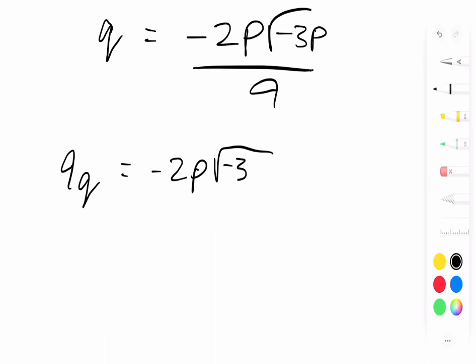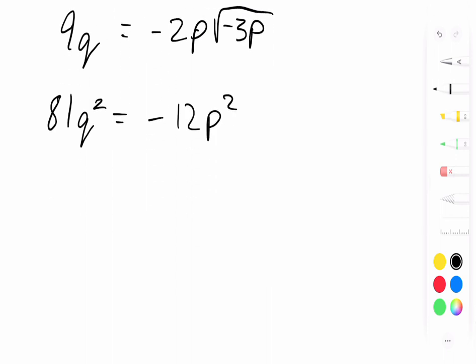Now I've got one term on either side and I want to get rid of a square root. So what do I do? I square both sides. And that will give me 81q squared is equal to 4p squared times minus 3p, which is just minus 12p cubed.